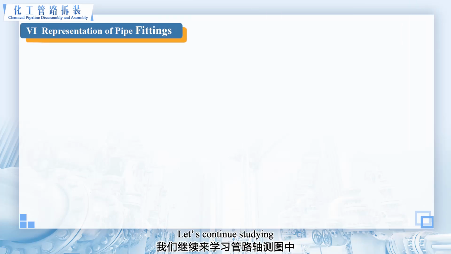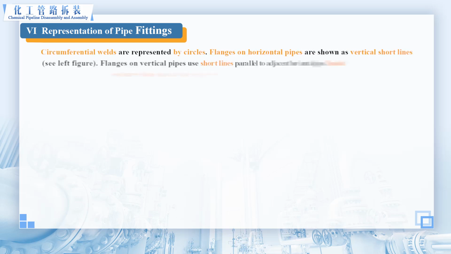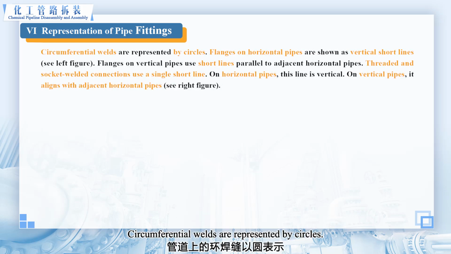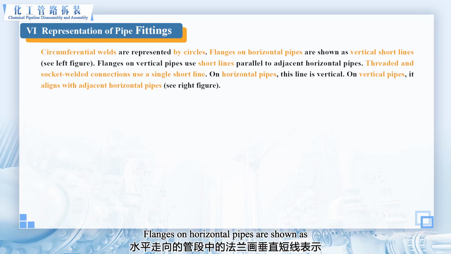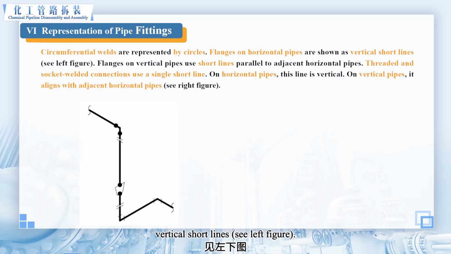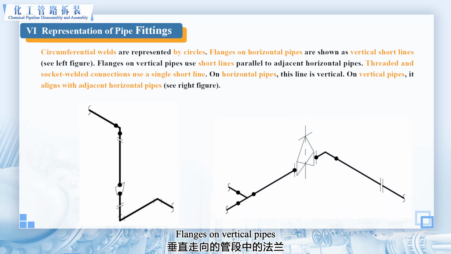Let's continue studying the representation of specific fittings. Circumferential welds are represented by circles. Flanges on horizontal pipes are shown as vertical short lines. See left figure. Flanges on vertical pipes use short lines parallel to adjacent horizontal pipes.